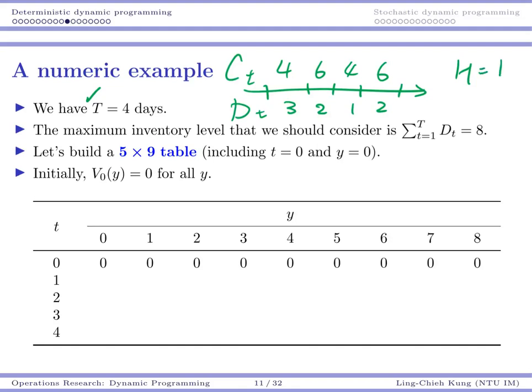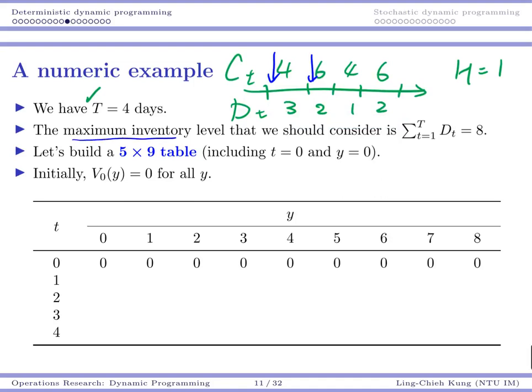So if we look at this, then we know, if I want to solve this problem and consider the order quantity at any period, there is really no reason to produce more than 8 units, because in total, we only need 8 units.